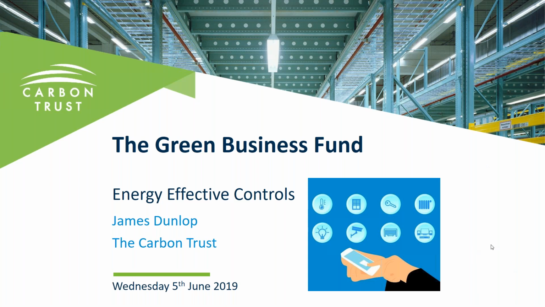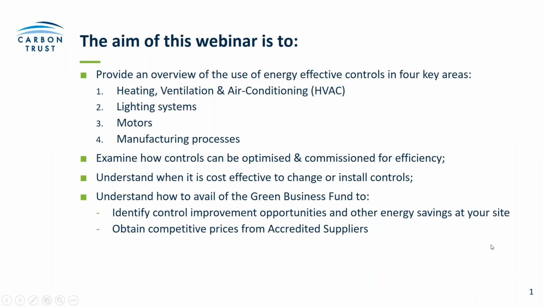I suppose we're going to look at controls across a range of main areas. Firstly, across building systems such as heating, ventilation and air conditioning systems. Secondly, on lighting systems, and then we'll look as well at opportunities for improved controls on motor systems and on manufacturing processes as well.